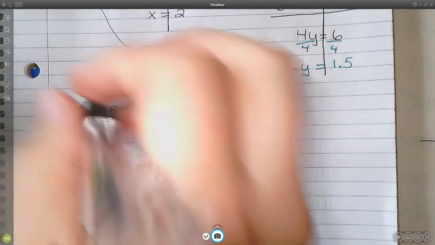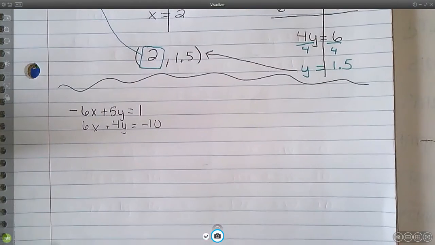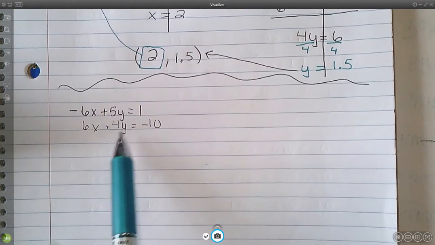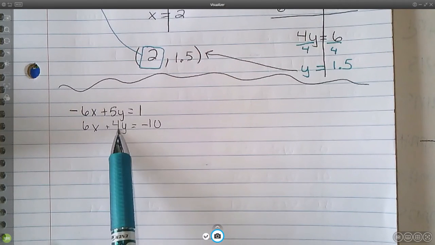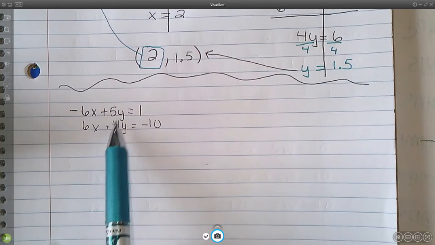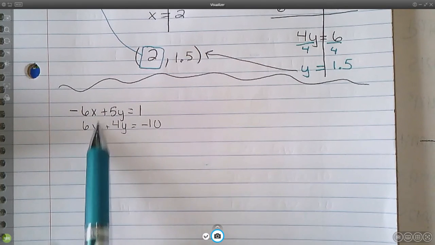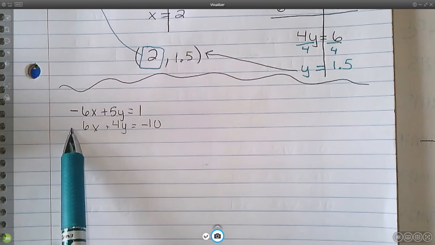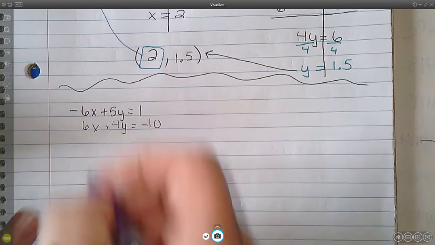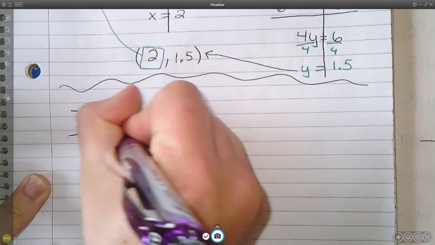If we talk about what we just did, let's look at the y's first. These both have a y. This one has a 4 and this one has a 5, so they're not going to cancel each other out if we add. These both have x's. They both have a 6, and one is negative and one is positive. So it looks like elimination is a great choice.